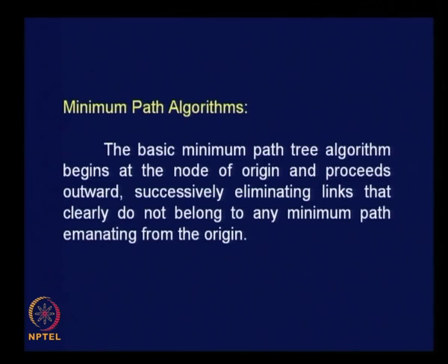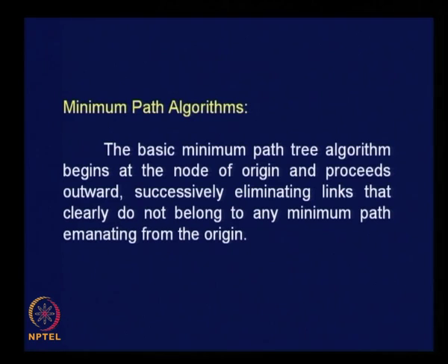So, the minimum path algorithm. The basic minimum path tree algorithm begins at the node of origin, obviously the node of our interest, the node of origin from where we start, and proceeds outward, successively eliminating links that clearly do not belong to any minimum path emanating from the origin.